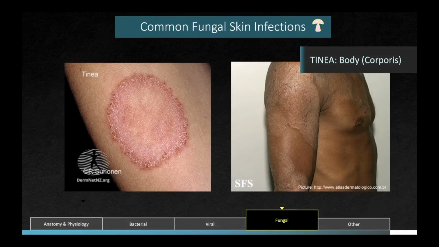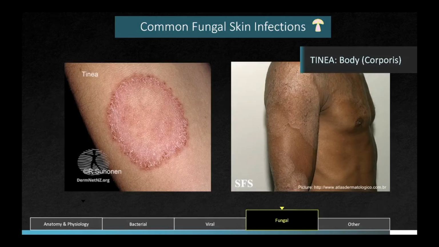In fact, the commonly used present-day term ringworm often causes significant anxiety in patients who think they've acquired a parasitic worm infection. Tinea corporis typically presents with well-demarcated annular lesions, which can occur on many different parts of the body.